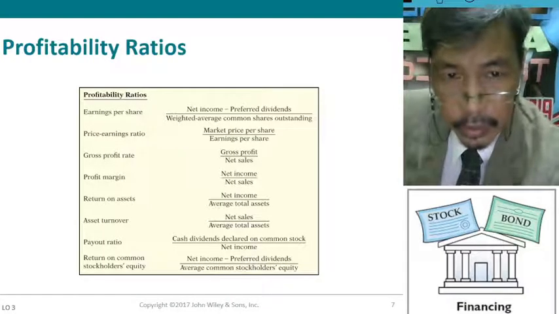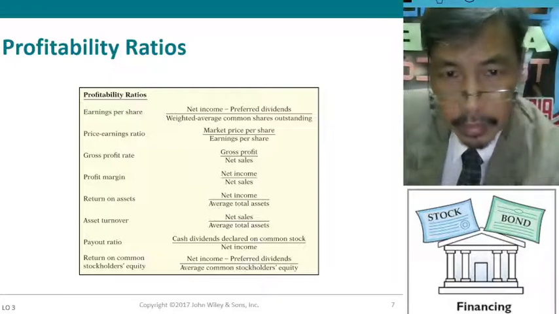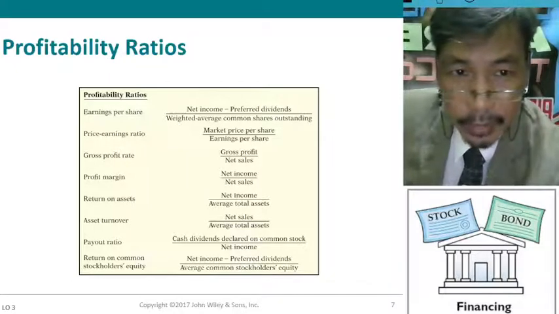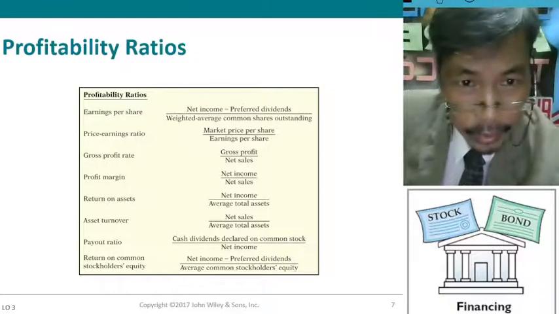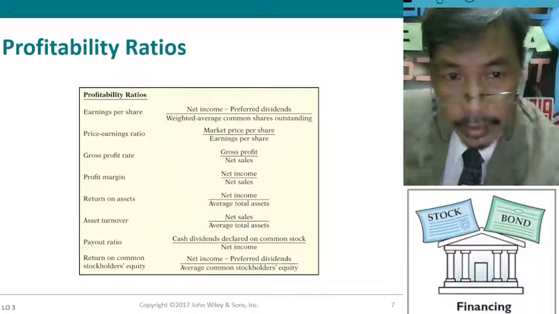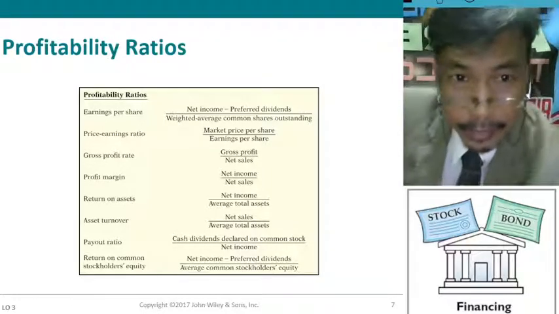Now we have profitability ratios. Earnings per share, price earnings ratio, gross profit rate, meaning gross profit divided by net sales, profit margin. Okay, this is the first time we have this. Profit margin is net income divided by net sales. That is our profit margin.